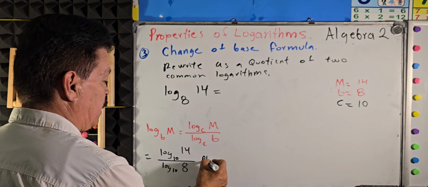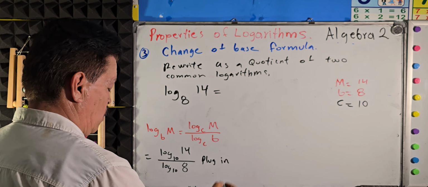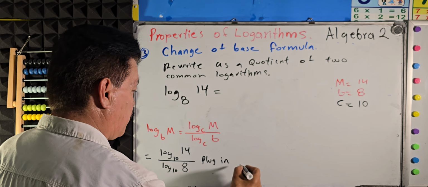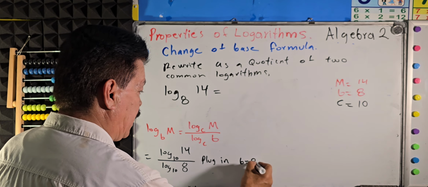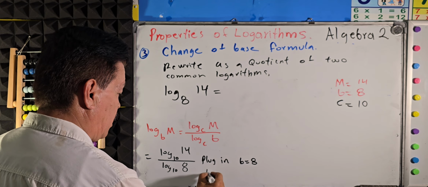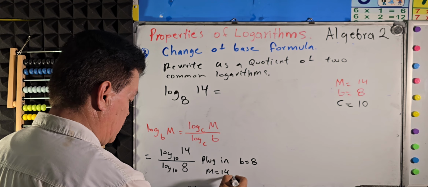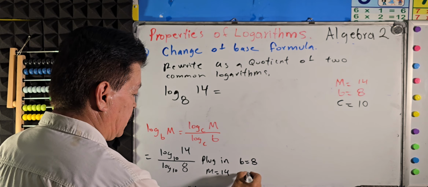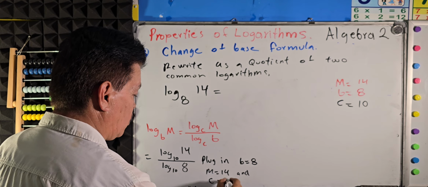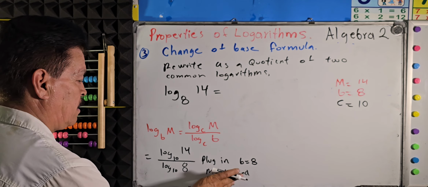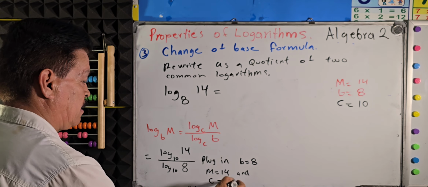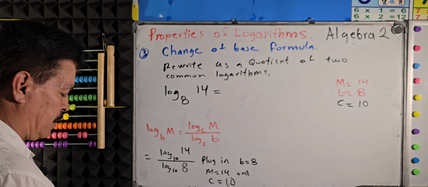This step is plugging it in: b equals 8, m equals 14, and c equals 10. That was the step right here.